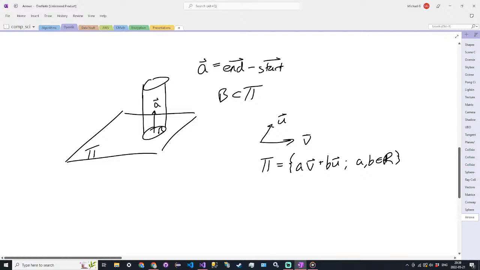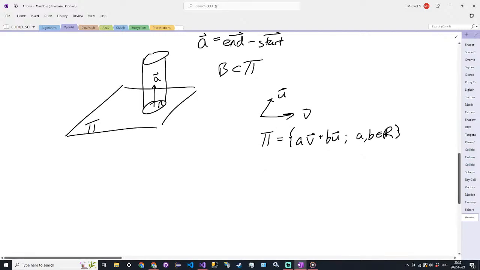So a linear combination of the vectors v and u is just scaling them by some constants and then adding them up. So that's the plane pi.